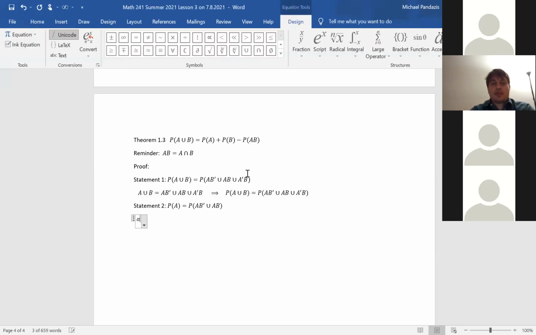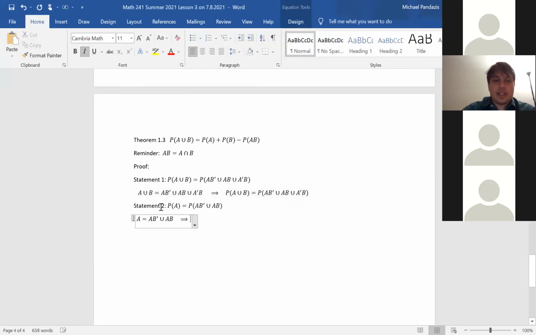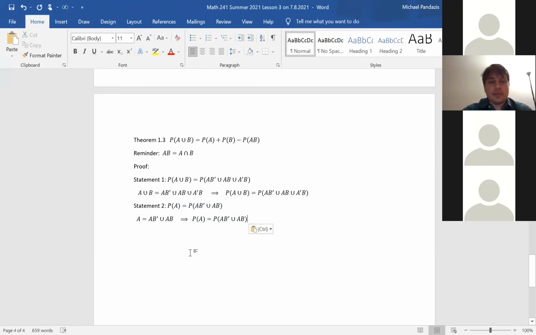Okay, and so that's just from the fact that the set A is equal to AB prime union AB. That implies that these two sets are equal. I mean, these two numbers are equal. These two probabilities are the same. Since A is equal to AB prime union AB, that implies that P of A is equal to P of AB prime union AB.